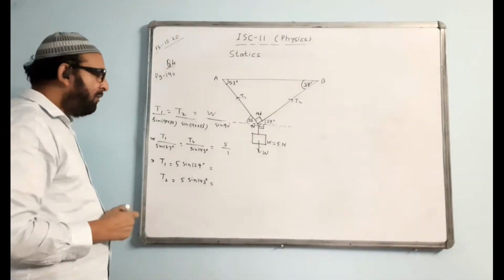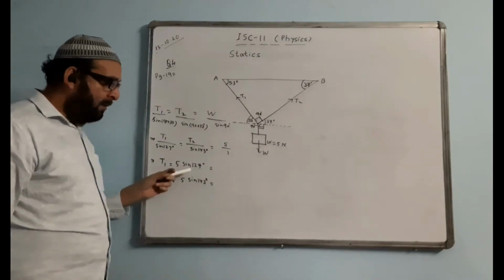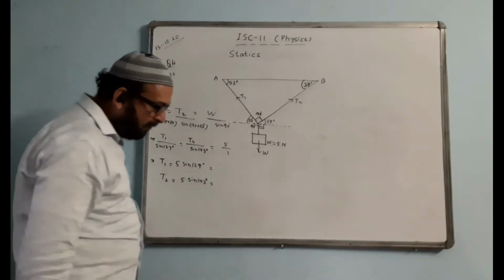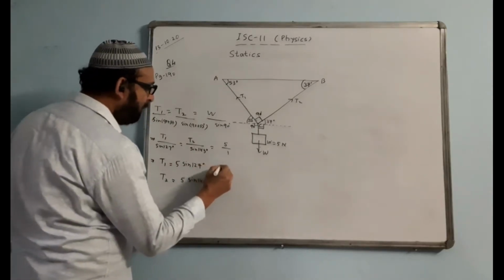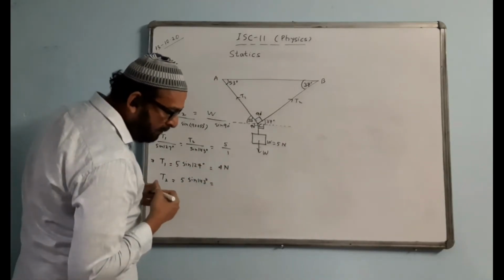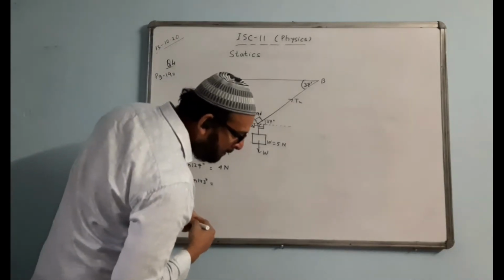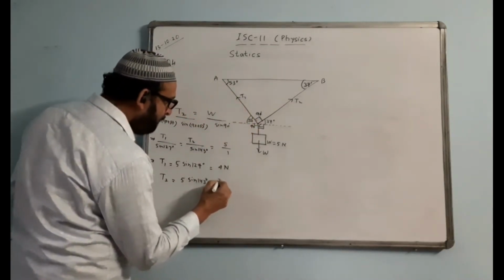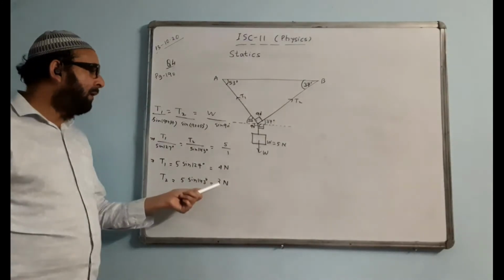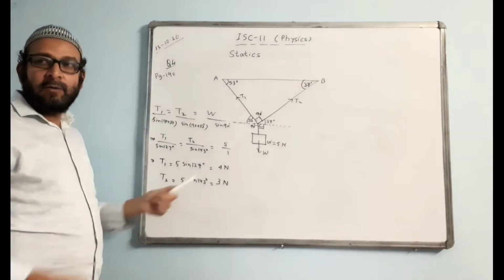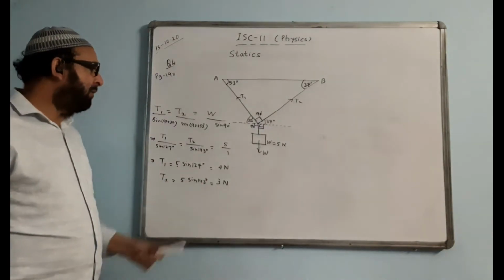You can check in the calculator how much the answer is coming. You can even round it off, and the first answer is 4 Newton, and the second answer will come exactly 3 Newton. You have to round it off. It may come 2.99 here. It may come slightly here and there. You round off. The answer will be 4 Newton here and 3 Newton.